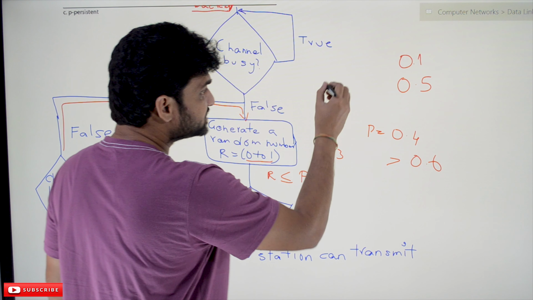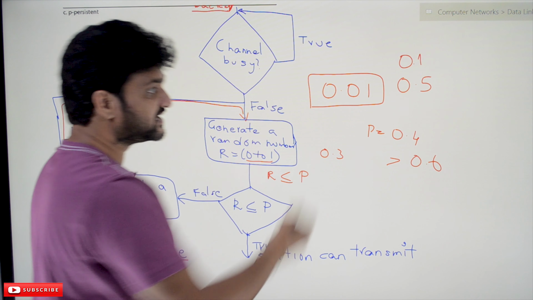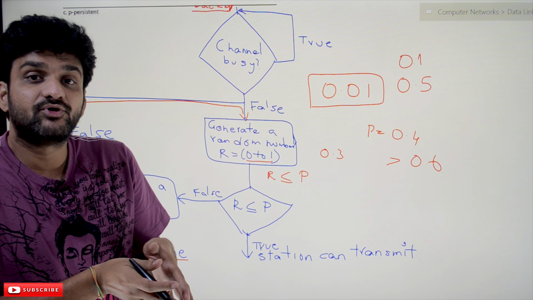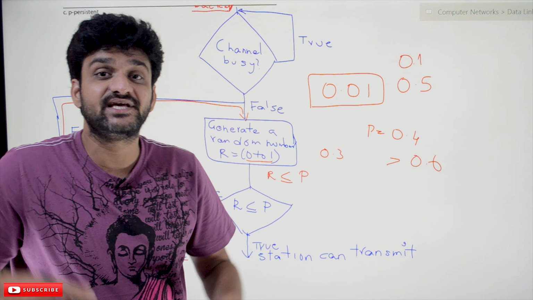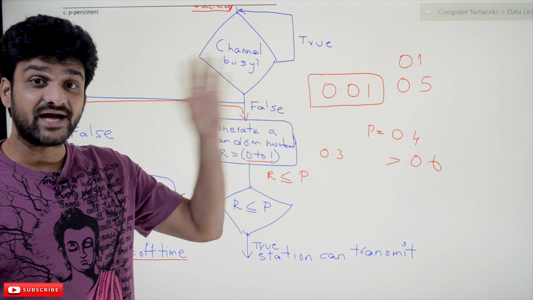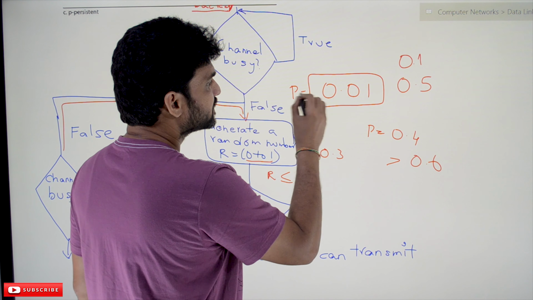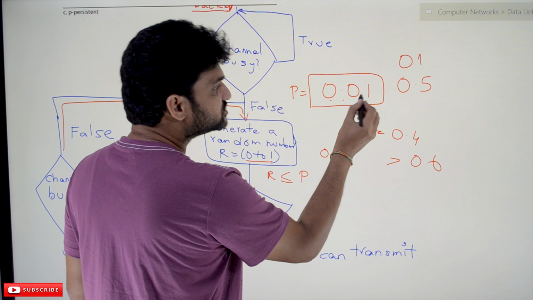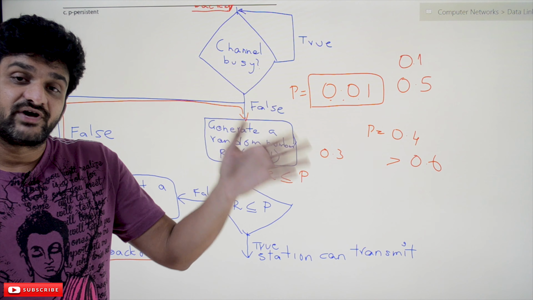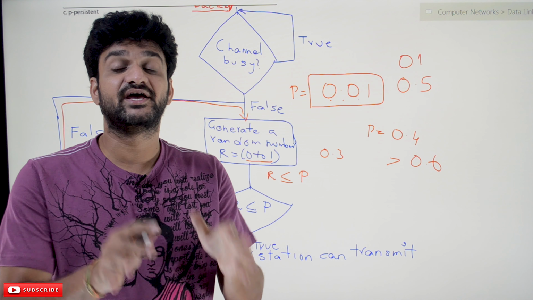With the P-persistent value, it is practically proven that with a P value of 0.01 we get the maximum efficiency and fewer collisions. With a probability of 0.01, the collisions are very few and the efficiency to access the channel is very, very high.